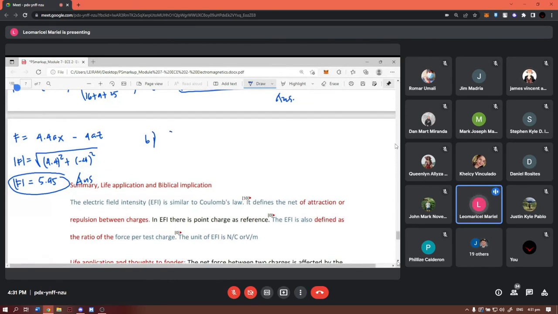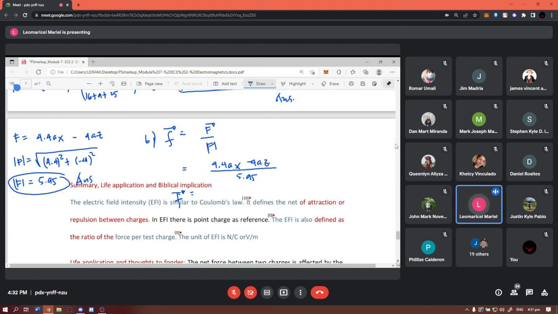So, unit vector F natin will be vector F over magnitude F. Okay, parang kamukha lang dati natin yan. Which is 4.4 ax minus 4 az over 5.95.